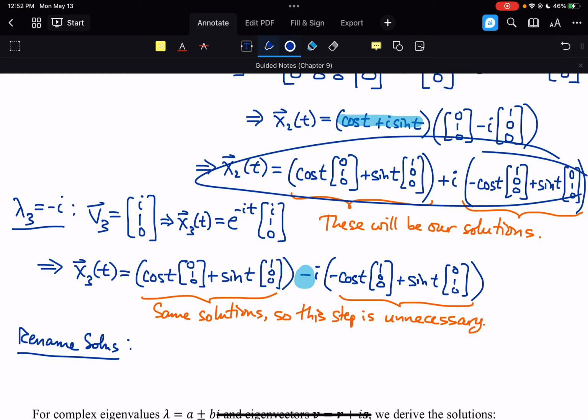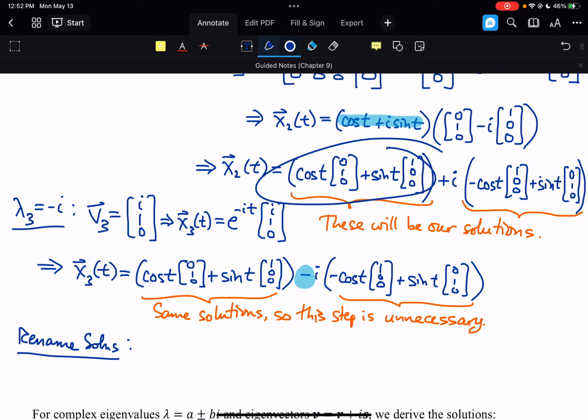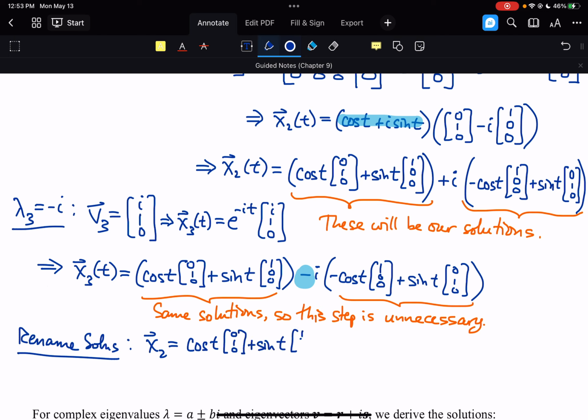So x2 will be cosine of t times 0, 1, 0 plus sine of t 1, 0, 0.